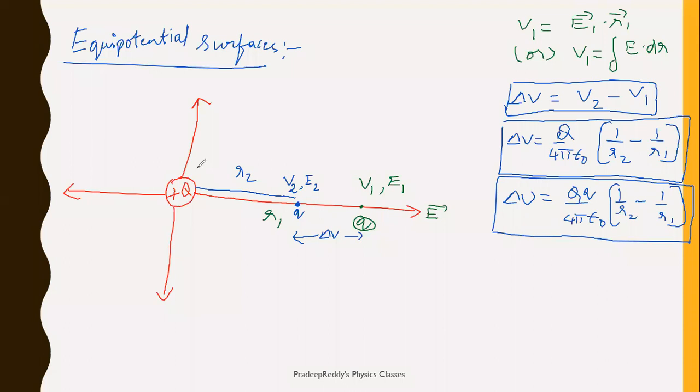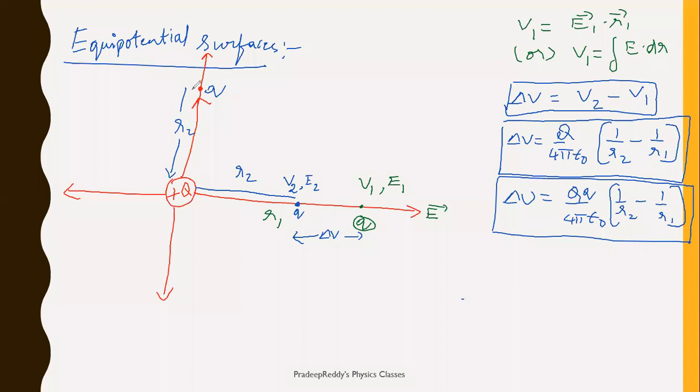Now let me explain it clearly. It's a very simple concept. From this capital Q charge, you have separation R2 along the east direction. Now go north. Along north also there will be a point. This is the electric field, which extends outward. At this particular point, you have the charge at separation R2.